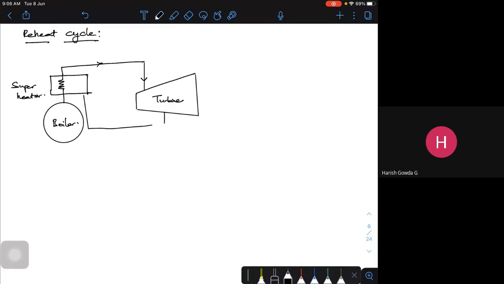I am going to absorb a certain amount of steam from here and take it through your superheater. This is my superheater. I will take it and then put it back in the steam at this particular pressure. They are not touching.